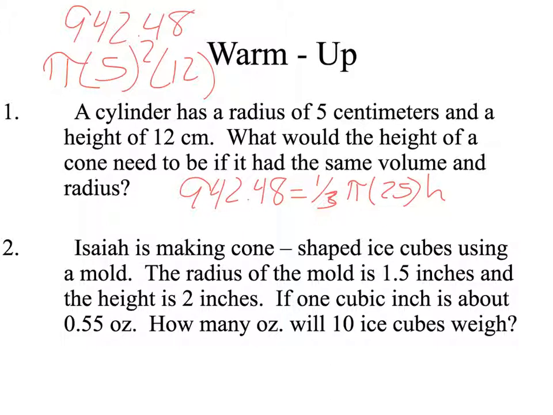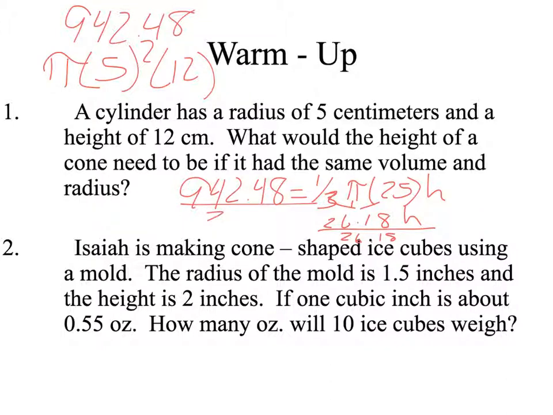What you actually want to do here, what your best bet is, you want to multiply everything that you can on the left-hand side together. So we're going to do 1/3 times pi times 5 squared, which is 25. And we get 26.18 for that. We have h. So we're going to divide each side by 26.18.